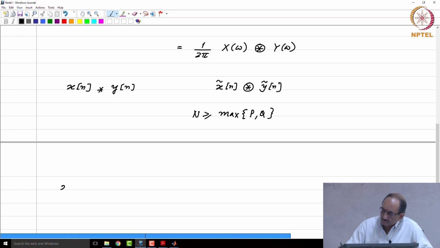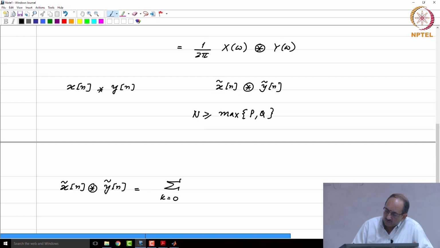Therefore, x tilde of n circularly convolved with y tilde of n is really the sum over k going from 0 to cap N minus 1 of x tilde of n minus k, y tilde of k.